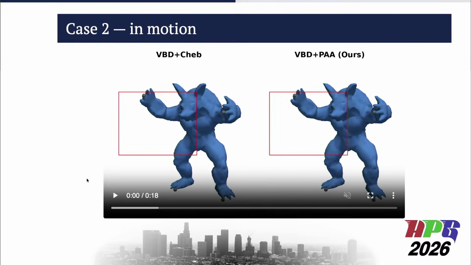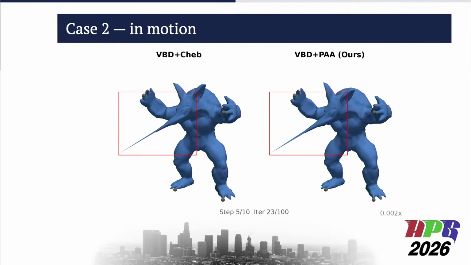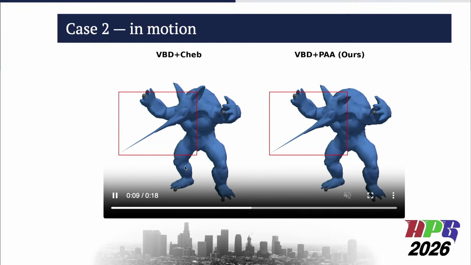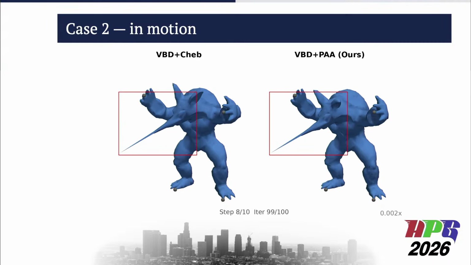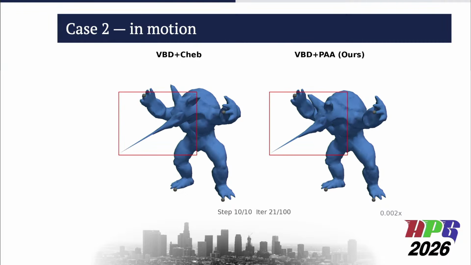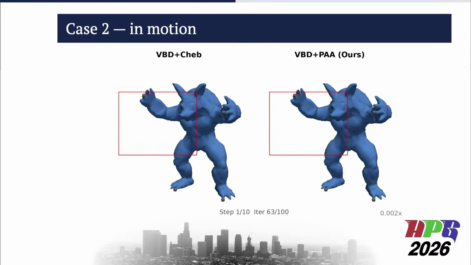And this is another demo. We suddenly pull the nose of this object far away, and with our method, you can observe it pulls the upper body earlier than the VBD method, because it tries to capture that trend.